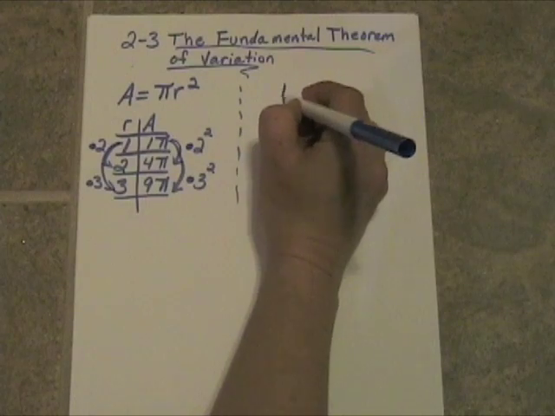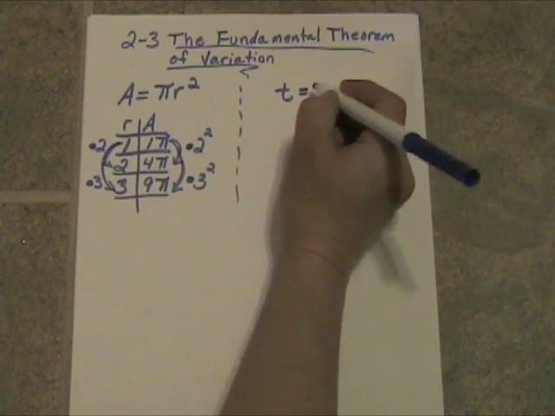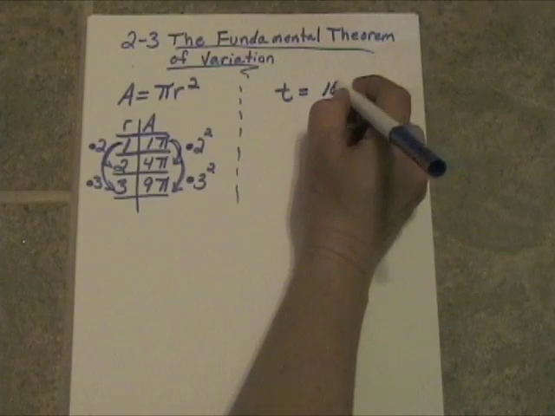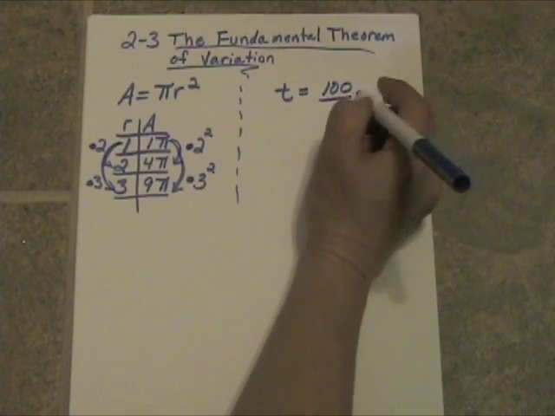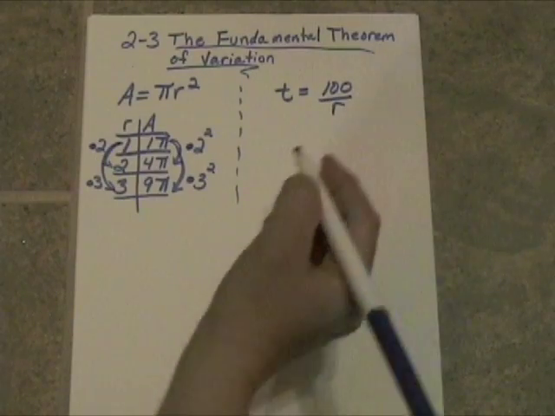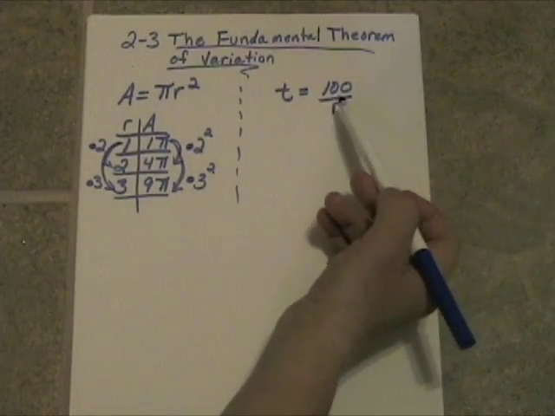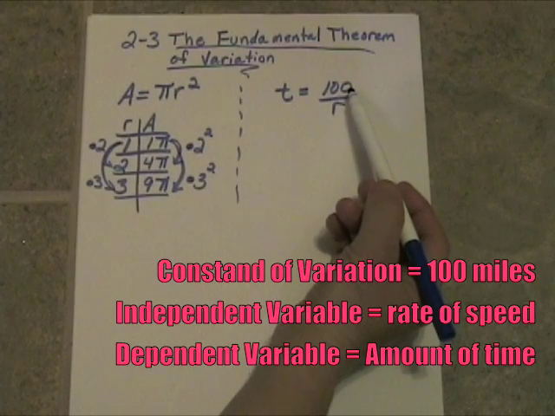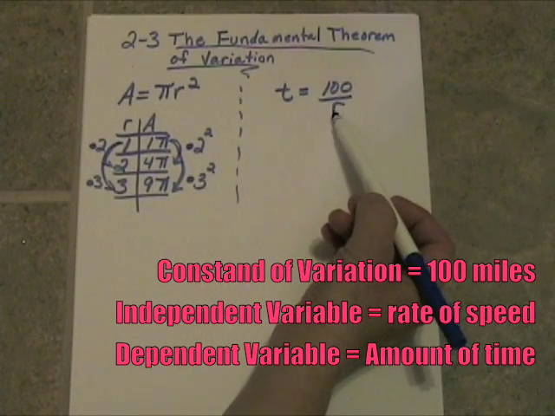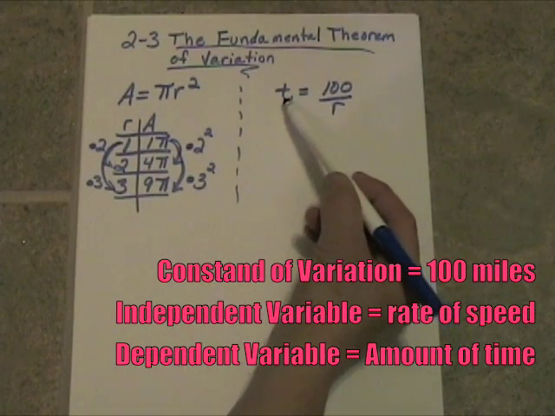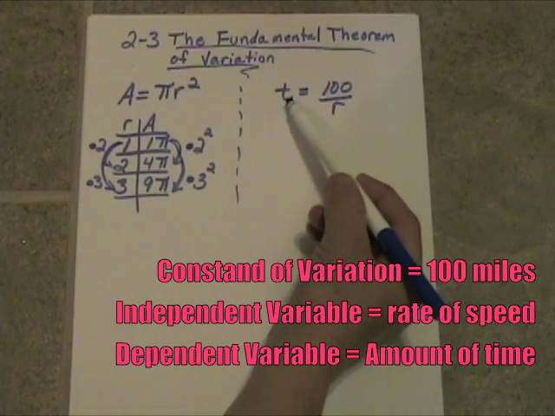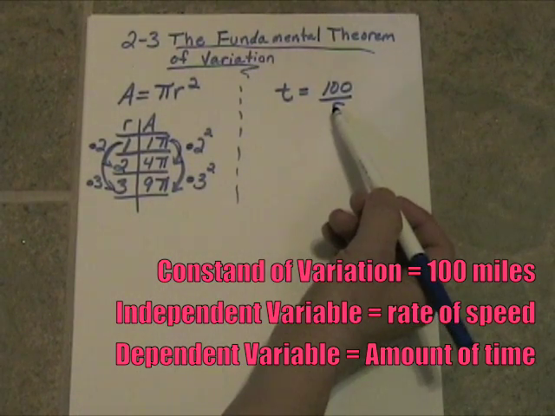The time in hours that it will take to travel 100 miles is equal to 100 divided by your rate of speed, however fast you're going. So our constant of variation here would be the 100 miles. Independent variable would be the rate of speed, because that can change. And the amount of time is the dependent variable because it depends upon how fast you're going.